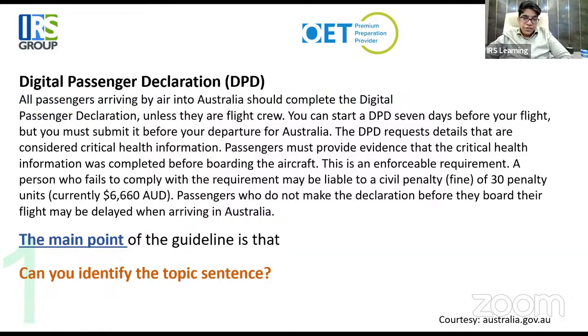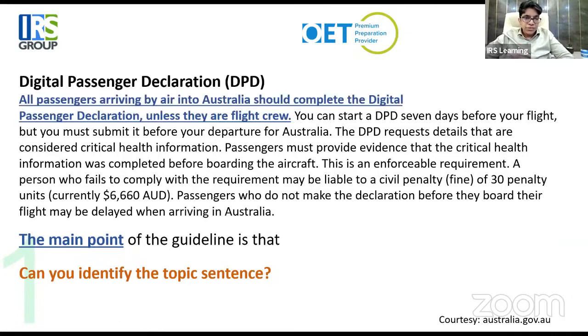Okay. So since we are running out of time a little bit, we'll be quickly going through the rest of it. So I'm going to introduce something that's called the topic sentence of this text, which is highlighted. Usually a text of this sort will introduce the topic with a topic sentence.